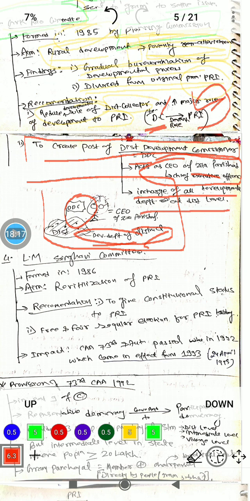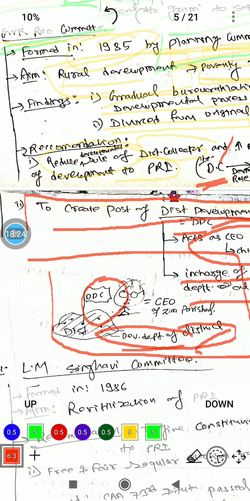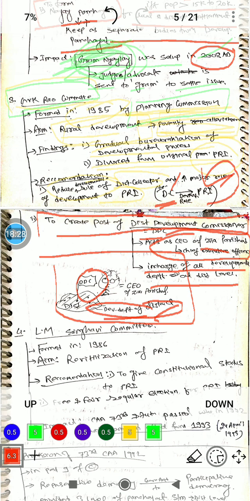So what is the basic concept here? The GVK committee, which was formulated in 1985 by the Planning Commission, was formed with the aim of rural development and poverty alleviation. It said there is a gradual bureaucratization of the development process, and that it is divorced from the original PRI.